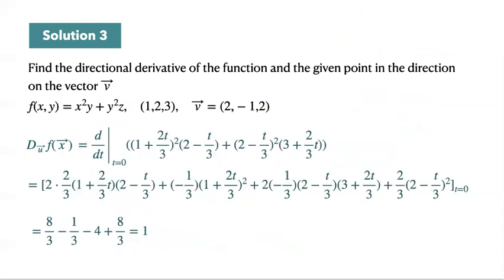You can simplify first and take a derivative with respect to t, but I just take the differentiation first. What I did is I used the product rule. I differentiate the first term first, so I get 1 plus 2t over 3, and we need to differentiate the inner function, then we get 2/3.